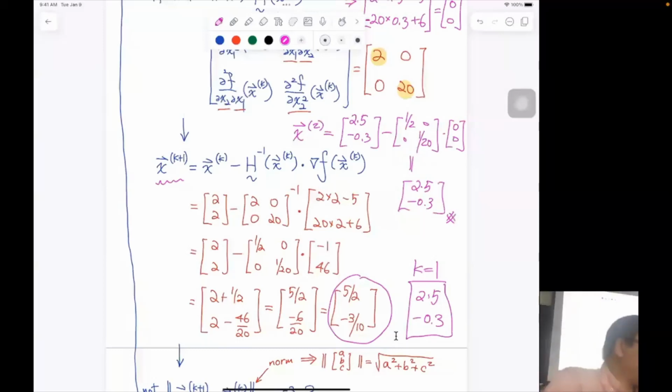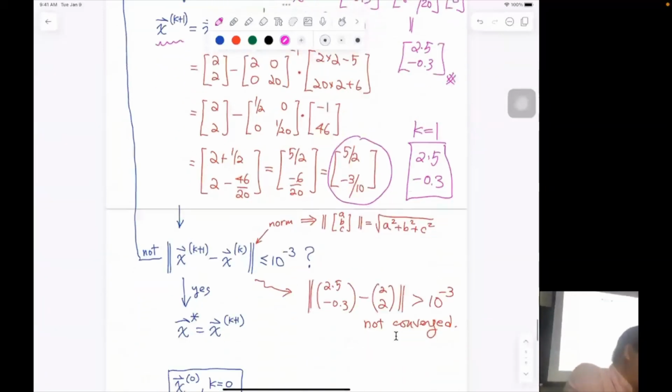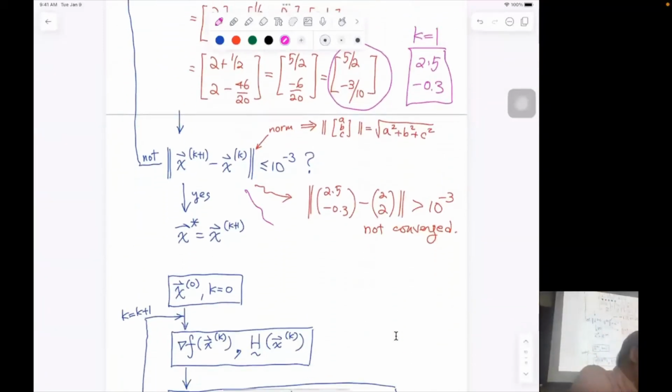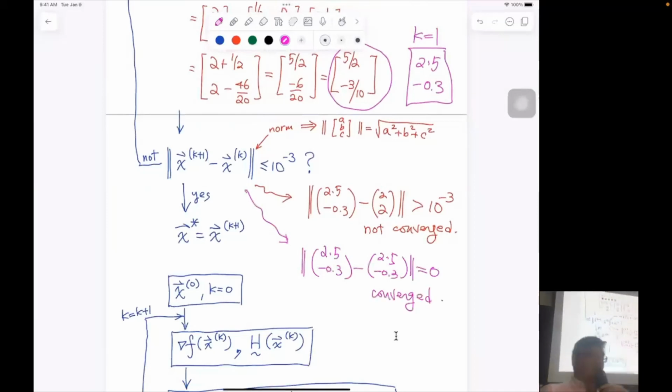Same value. Okay? And when I do the convergence check, of course, 2.5 negative 0.3 minus 2.5 negative 0.3 is gonna be 0, so converged. So at the end, the solution is 2.5 and negative 0.3.